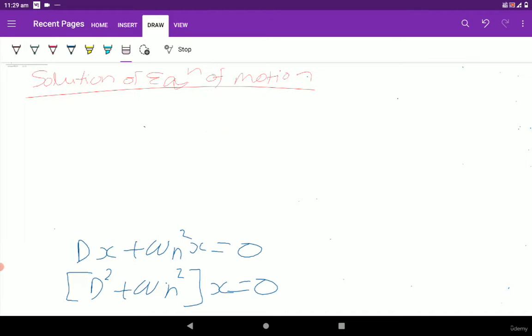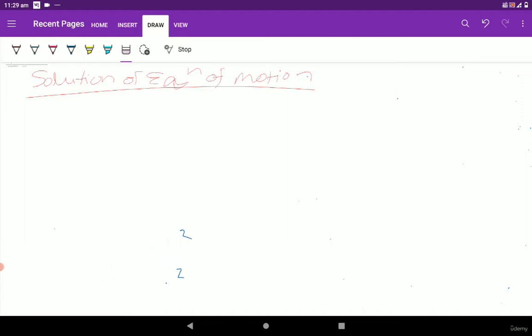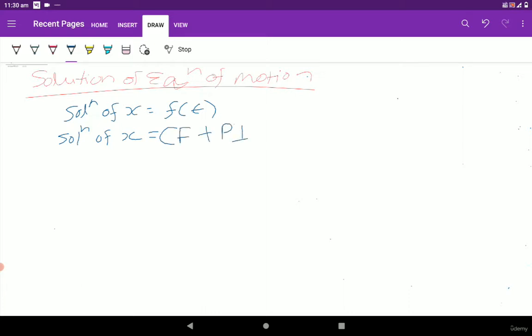We know that the solution of x, which is a function of t, is equal to the complementary function, that is CF, plus the particular integral, that is PI, where in this case PI is equal to 0.